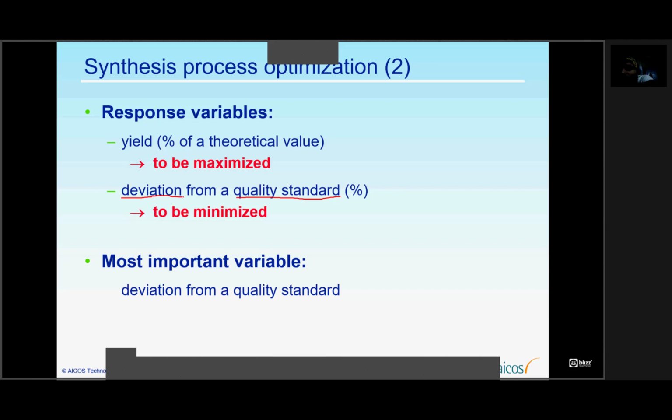So deviation of 0 means everything is fine, and a deviation of 5 is worse than a deviation of 2, of course, whatever the criterion shall be. And next to this, since it was synthesis, actually you have to do the yield, and the yield must be maximized because nobody wants to get good quality and a low yield.